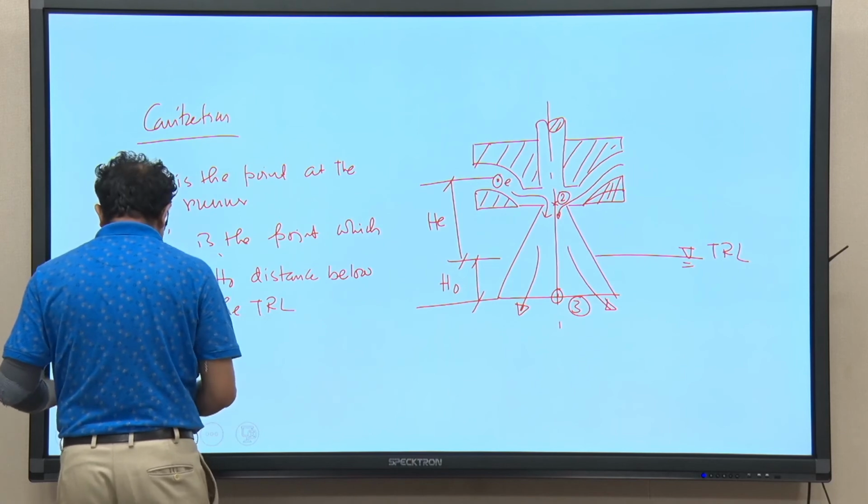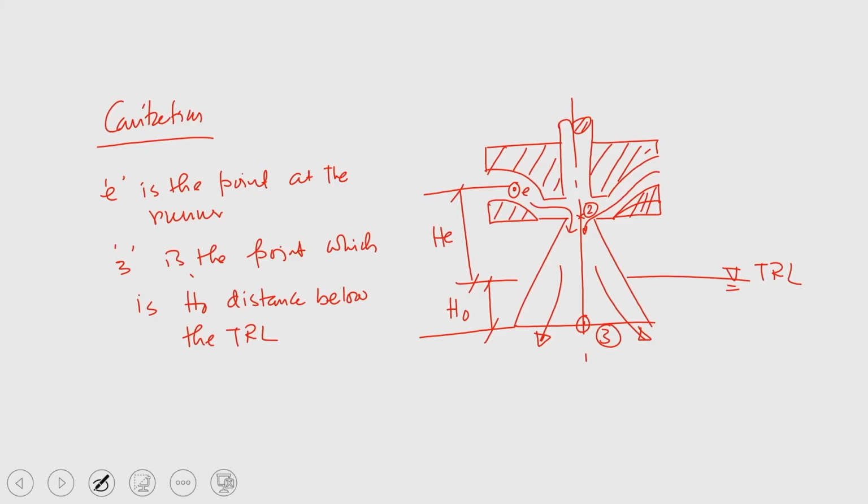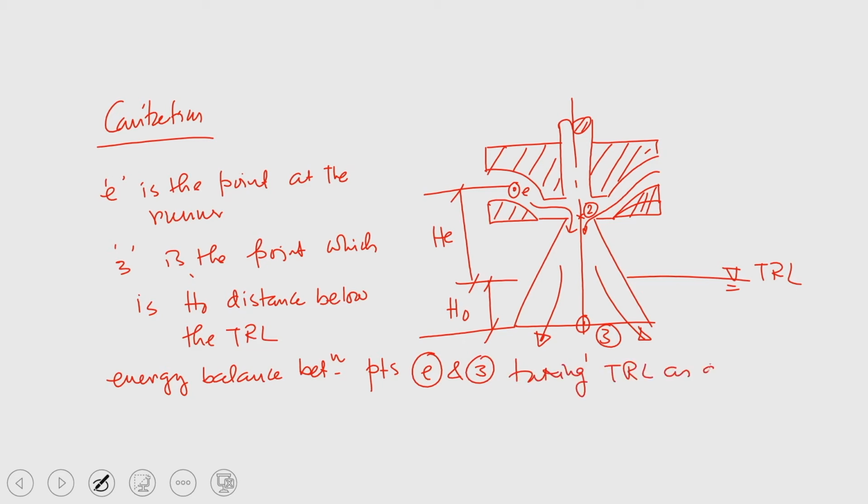So, if we write that energy balance between points E and 3, taking TRL as datum, what can we write?